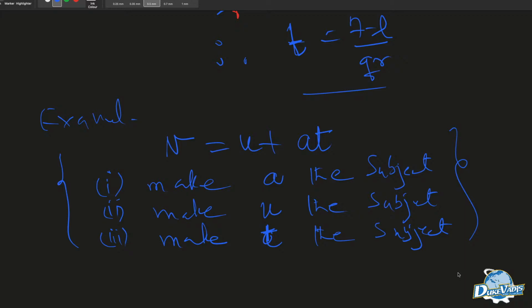So what do we see? We see that V is equal to U plus AT. There's U added to AT, but we should know that anytime we see A and T together, it is referred to as a composite variable.